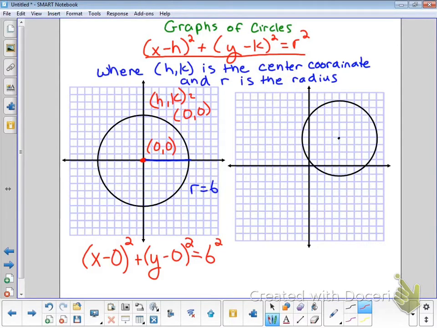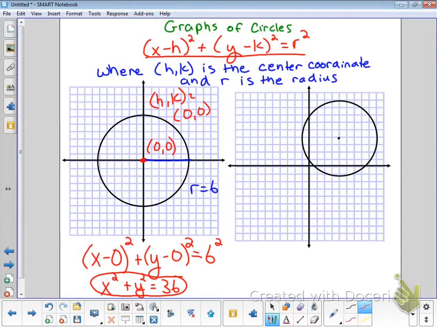Now, we really don't need those zeros, so our final answer would be x squared plus y squared equals, and then we simplify the 6 squared to be 36. That is the equation for the graph of this circle.